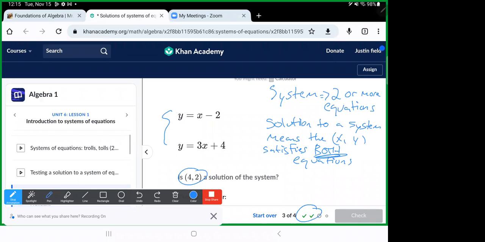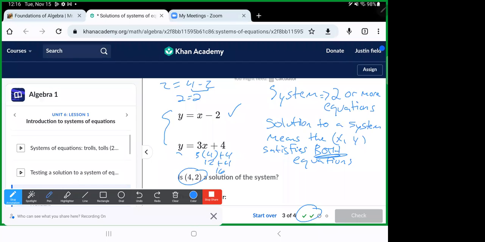As you can see, I already did a couple. 4, 2. So let's substitute 2 in for y and 4 in for x. And 4 minus 2 is 2. And so we see that, yes, 4, 2 satisfies the first equation. And the second equation, substituting 4 in for x, that would be 12 plus 4 is 16.